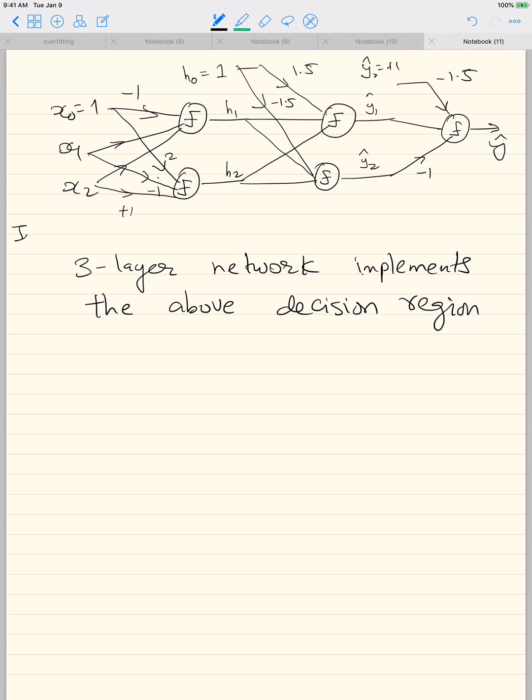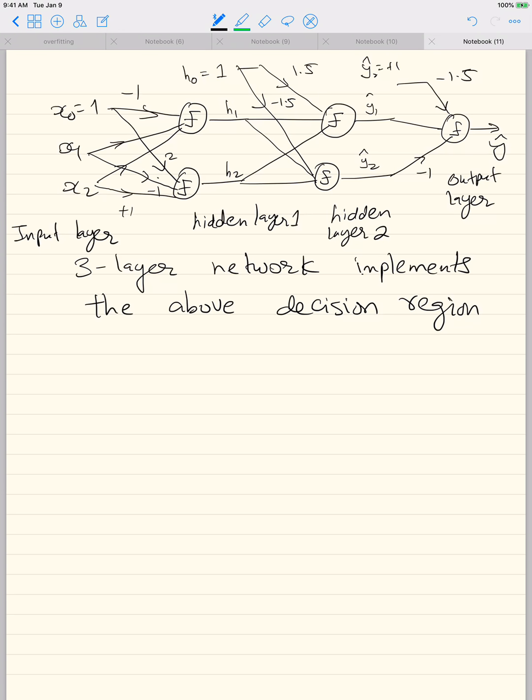So this is the input layer. This is the first hidden layer. This is the second hidden layer. And this is the output layer.